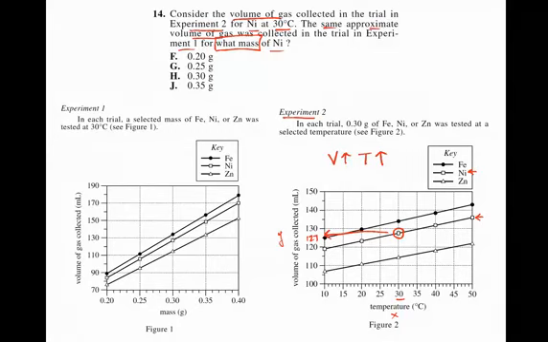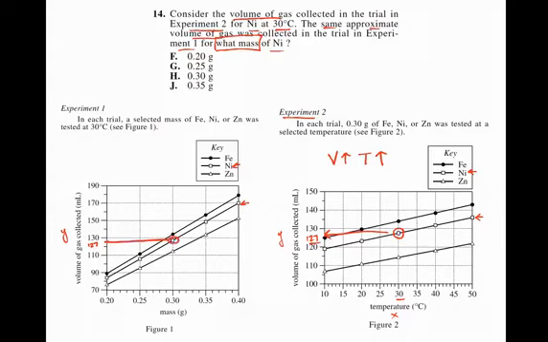If I go to figure 1, I see volume of gas on the y-axis again, and I'm looking for nickel once again, which is the middle line with the squares. And I'll note, what volume of gas do I need? We found around 127. So I'm going to go here, 127. That would be right around here. And if I follow that over to my nickel line, there's the reading.